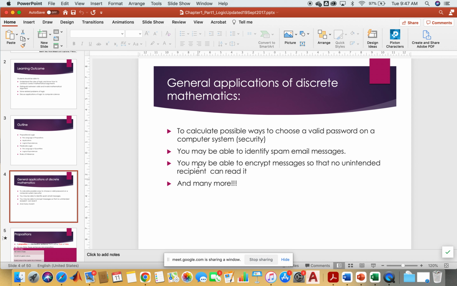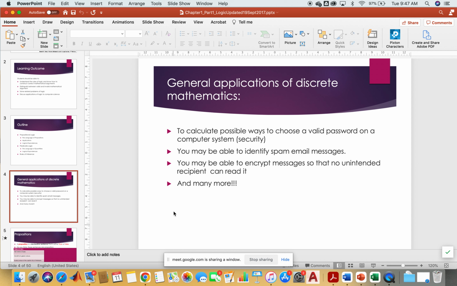Alright? So by using discrete knowledge, you will be able to calculate possible ways to choose a valid password on a computer system or security. Basically, I can say the first thing relates to statistics. And then second, you may be able to identify spam email messages.